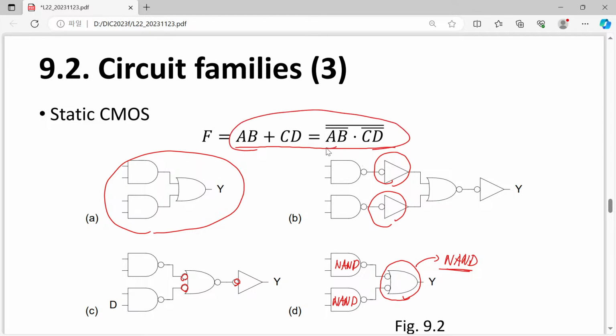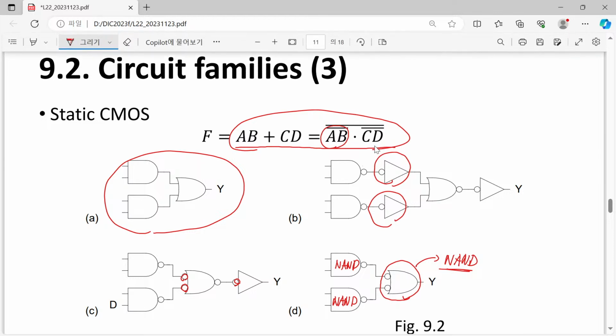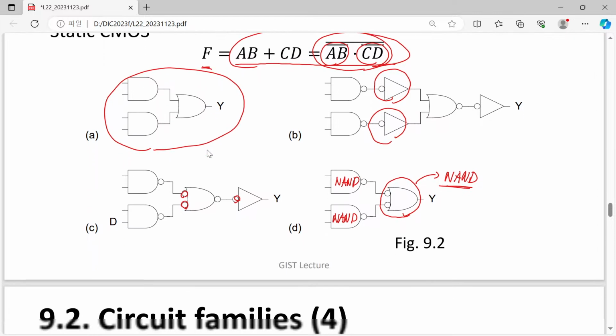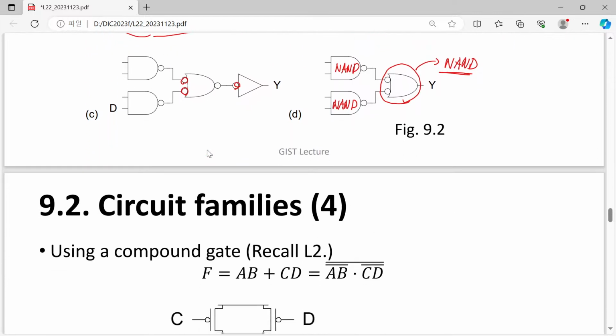First of all, we take the NAND over AB and take the NAND over CD, and take once again the NAND. Then that corresponds to this F value. Okay. So now let's go to the other ones.